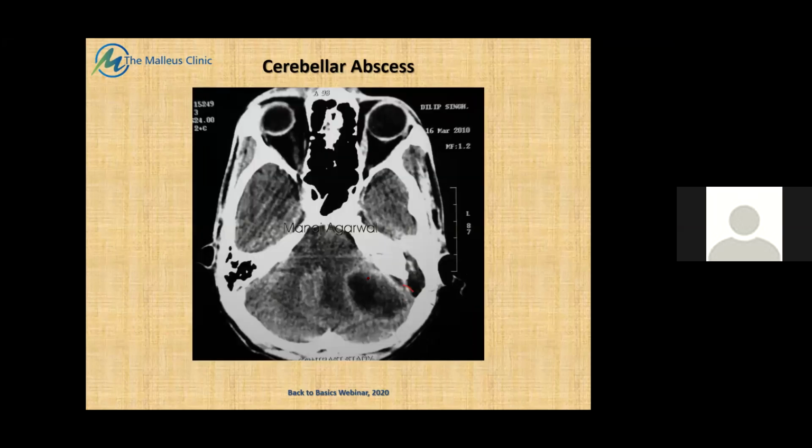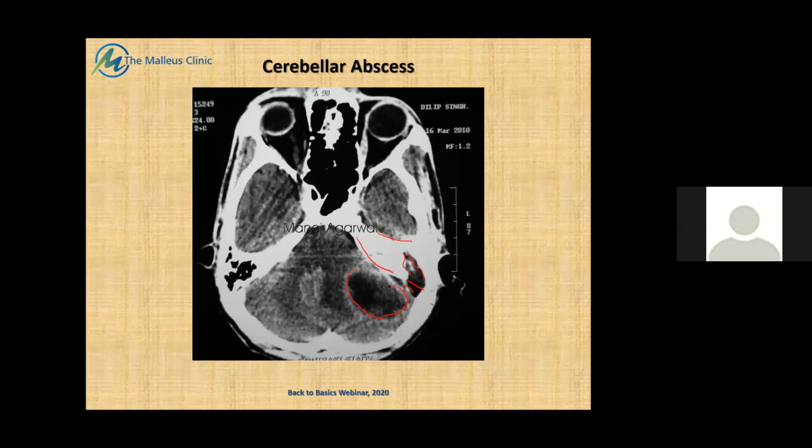So you can see that the patient has a cerebellar abscess in the left cerebellar hemisphere. This is the petrous bone and the mastoid bone, and there is a shadow within the mastoid bone, and more importantly, the bone over the posterior aspect of the petrous face close to the lateral sinus is eroded.